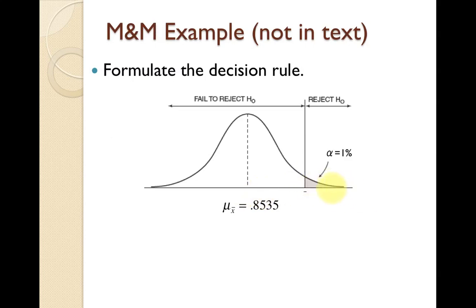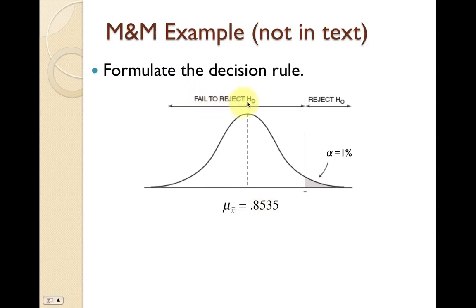If it falls on the right side of the vertical line, then its p-value will be smaller than alpha. Its p-value will be everything from x bar up to positive infinity. If it falls on the left of the vertical line, the p-value, going up to positive infinity again, will be larger than alpha. And it won't be too far away from the center, so we say that it's not enough evidence to reject the null hypothesis.